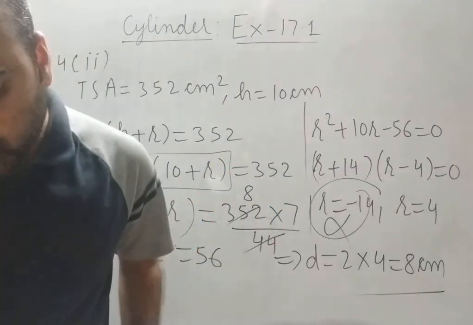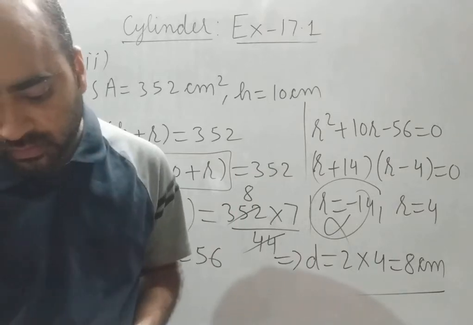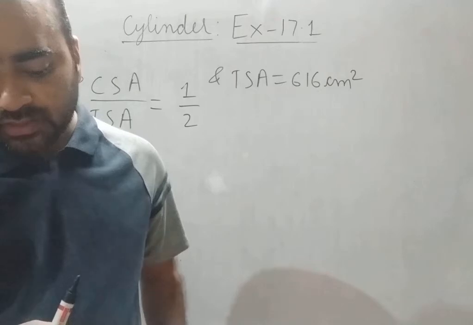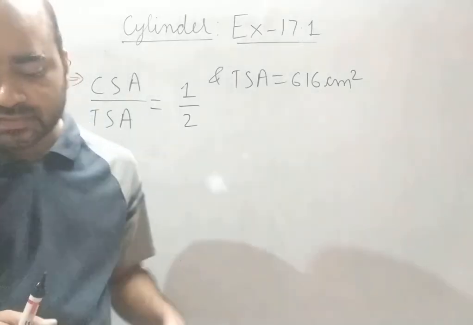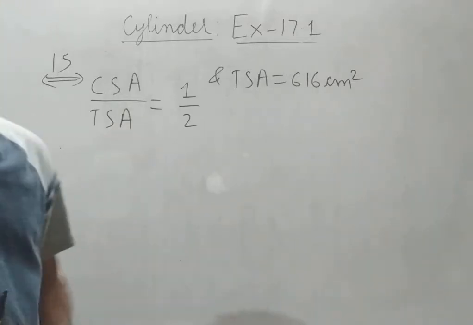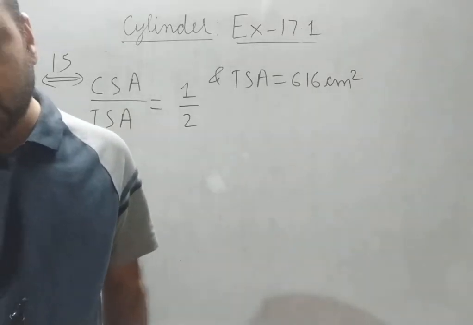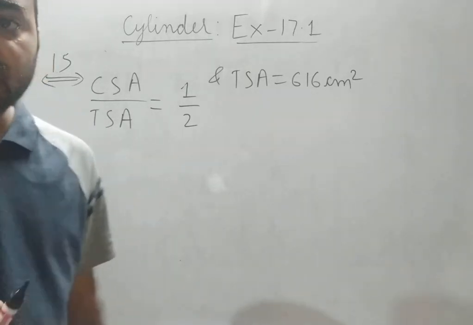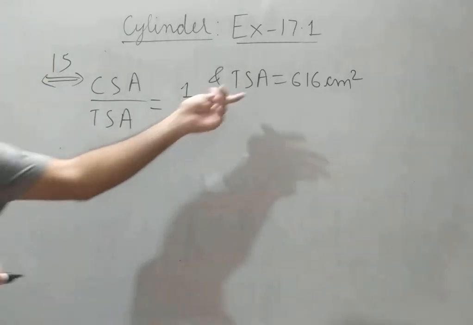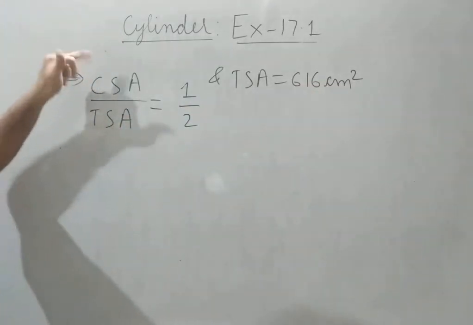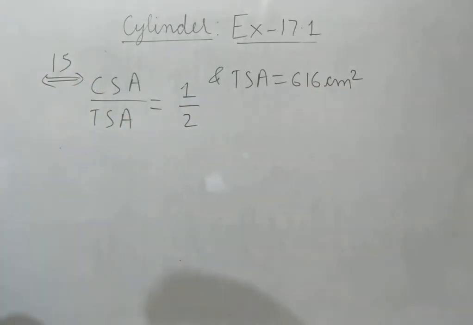Next, question number 15. In question number 15, the ratio between the curved surface area and the total surface area of the cylinder is 1:2, and total surface area is given as 616 centimeter square. Find the volume of the cylinder. So if total surface area is 616 and the ratio is given, what will be the curved surface area?